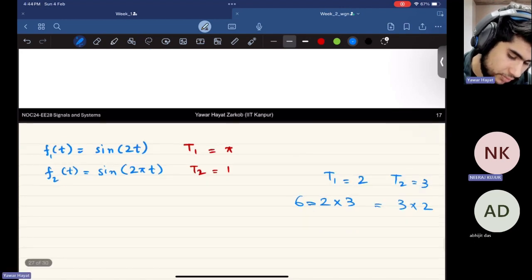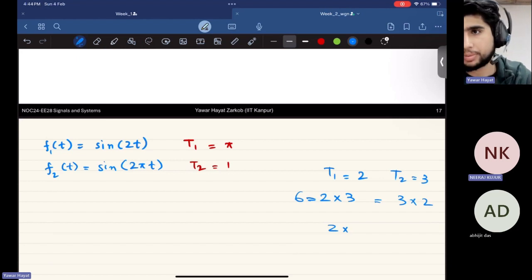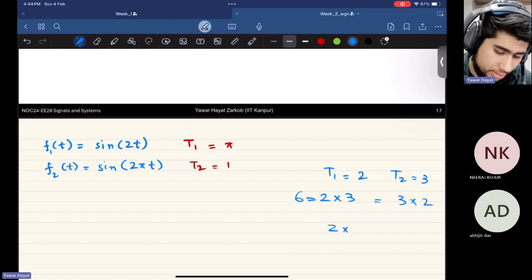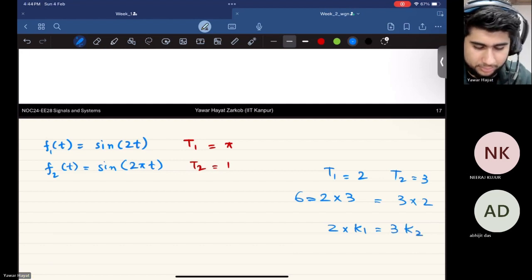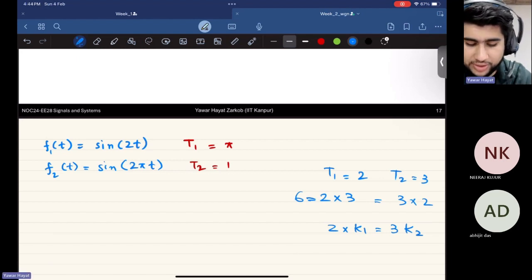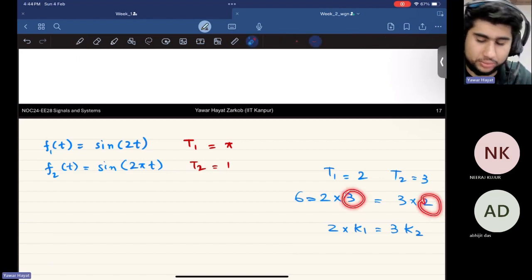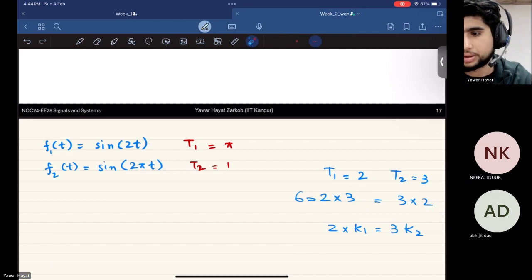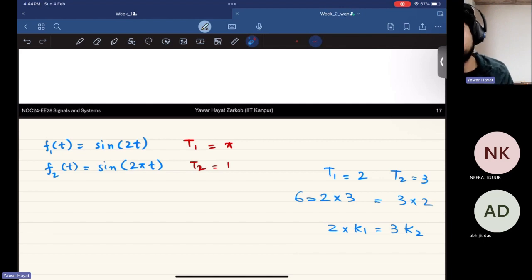So what I did here was I'm trying to make a general argument for my case. So 2 times K1 equals 3 times K2. My problem was to find the lowest values of these K1 and K2, right? And in this case, the values that I obtained were 3 and 2, and they were integers, right?